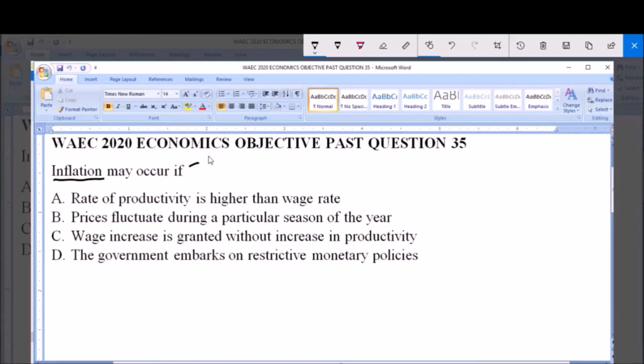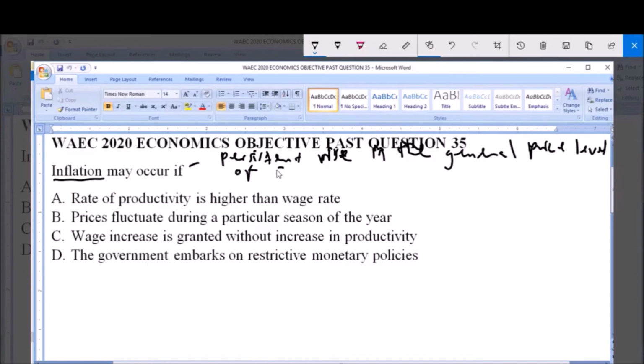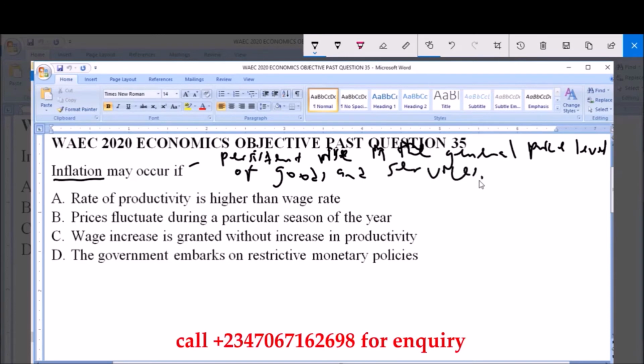So inflation basically refers to the persistent rise in the general price level of goods and services. So that is inflation.